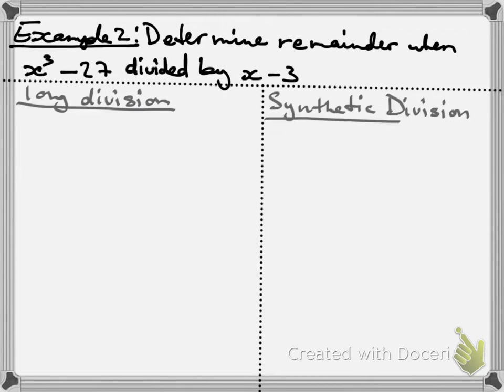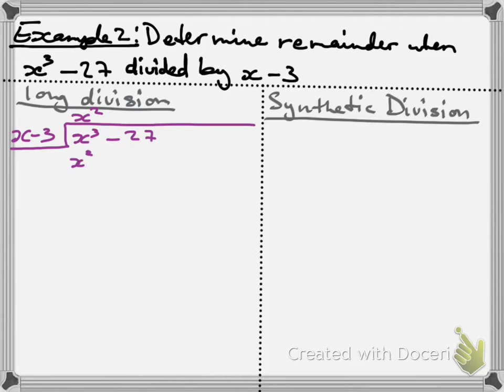So we take the divisor x minus 3 dividing into x cubed minus 27. We divide x cubed divided by x, it's going to be x squared. We multiply x squared multiplied by x gives us x cubed, multiplied by -3, and then we subtract. So we're going to remain with positive 3x squared. We bring down -27.